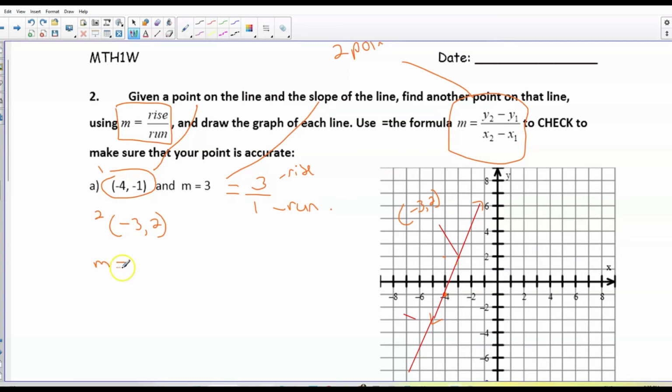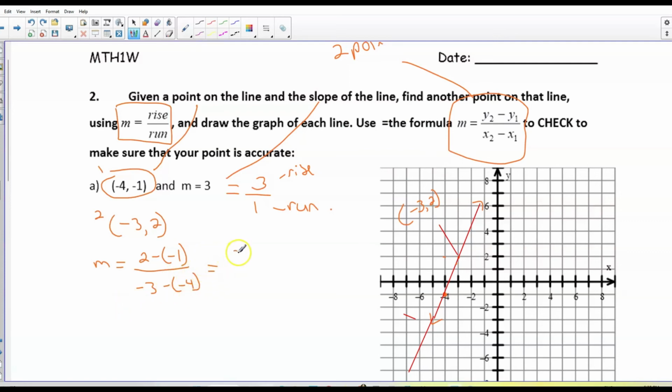So slope equals y2, which is 2, minus y1, which is -1, divided by x2, which is -3, minus a -4. Oh, lots of negatives in here for me to practice with.